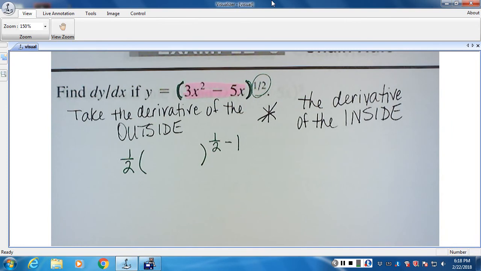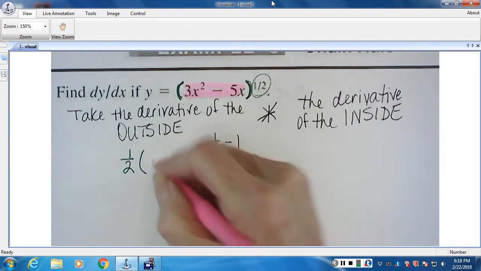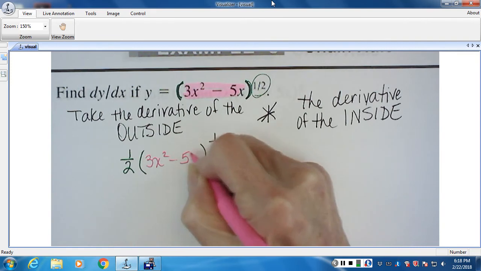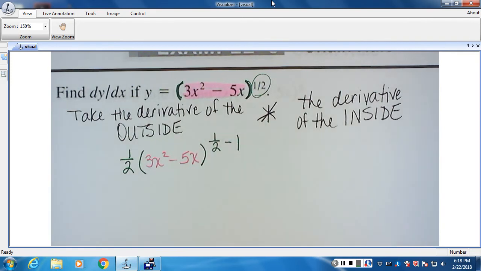Now, I know I didn't put the inside, the guts, back in yet, but they're still in there, okay? Those don't change. It stays what the original was. So you don't do anything with that at that point. You just bring it along. And then at this point, we do the second part.